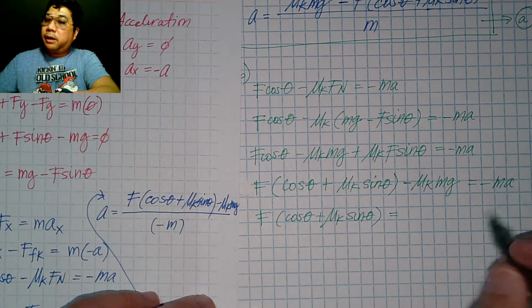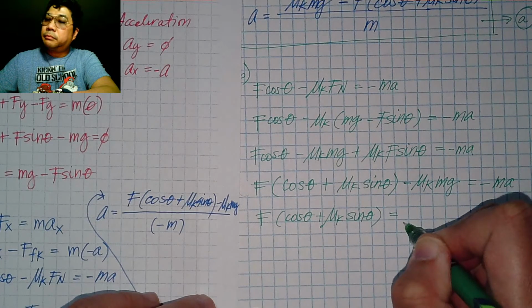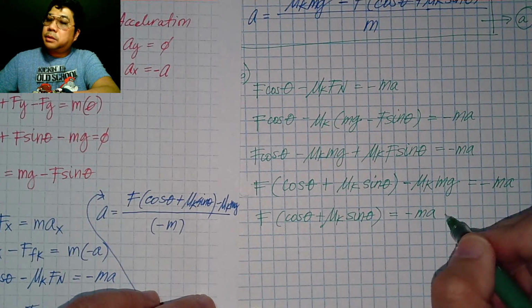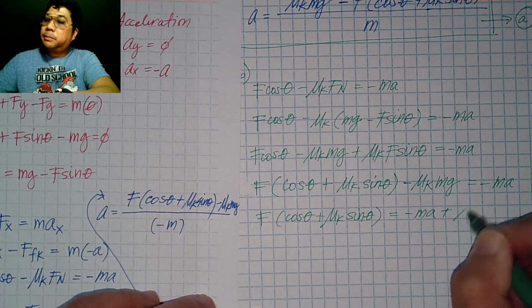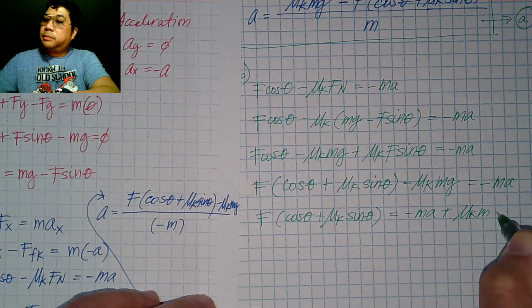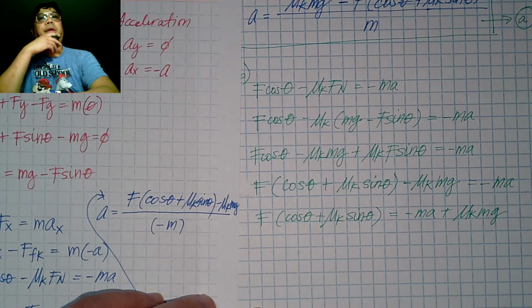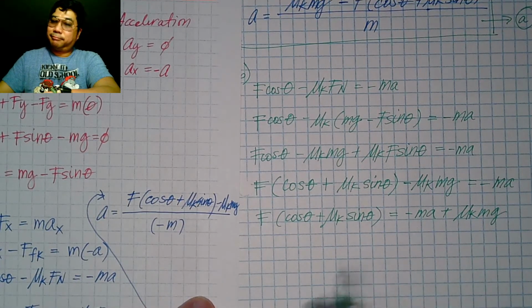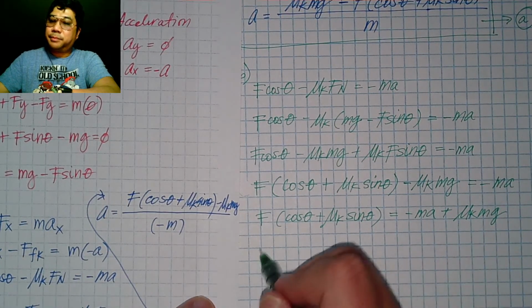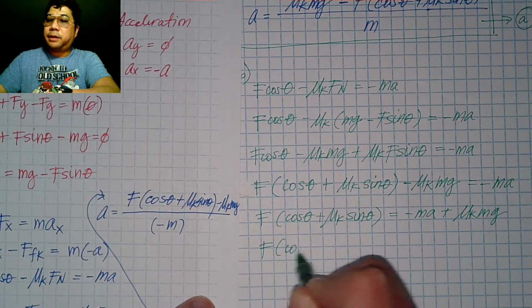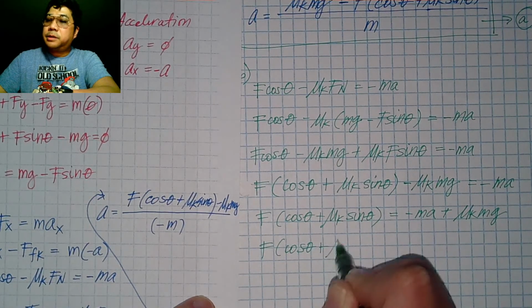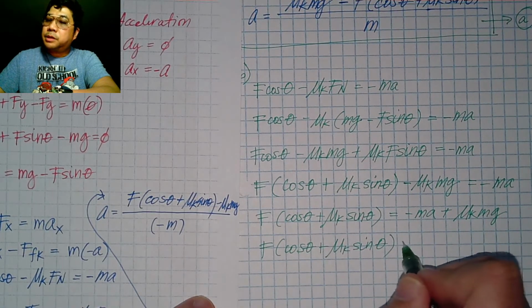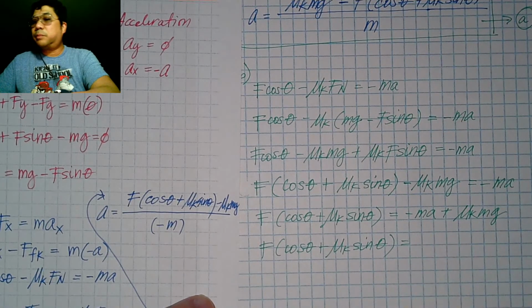So now we have negative ma plus mu k m and g. So we can pull out our m. So we can say that this is f cosine theta plus mu sub k sine theta is equivalent to, we can pull out m.